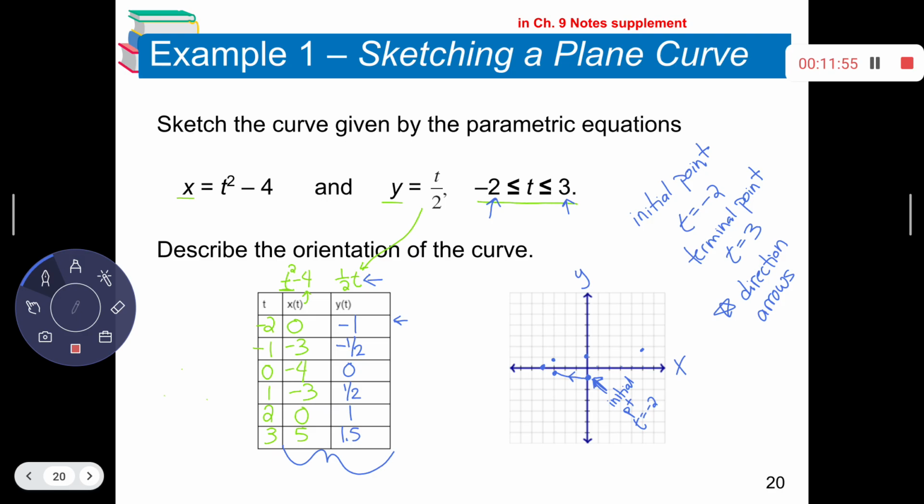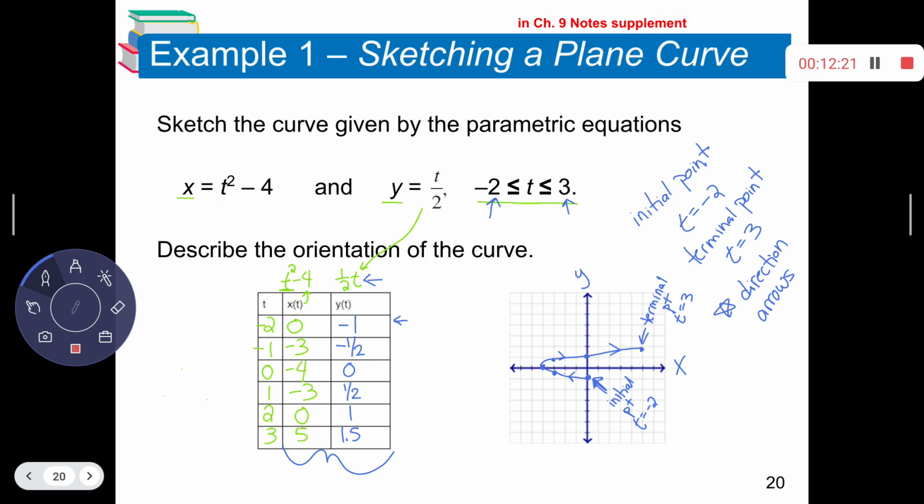All right, so this is what my graph looks like. This is the direction that I was graphing in. So those are the direction arrows. This is my terminal point, and that happened at time equals 3.